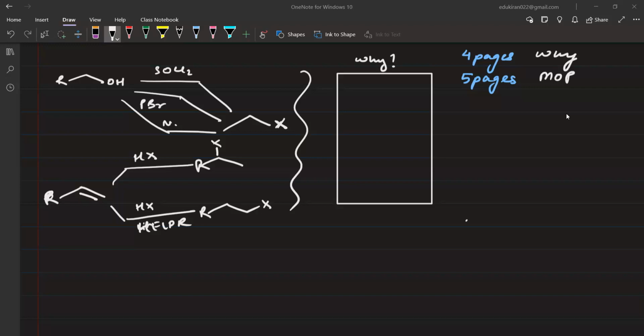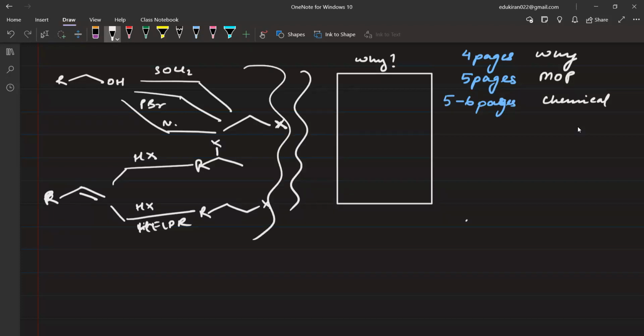Then there will be around 5 to 6 pages of chemical properties. In that you will list out, okay, haloalkane gives this reaction, again similar to this way.